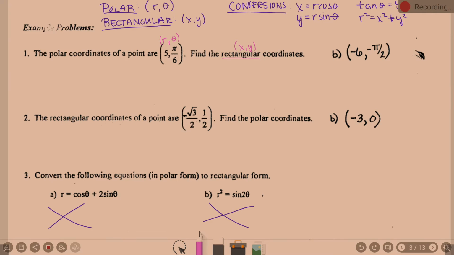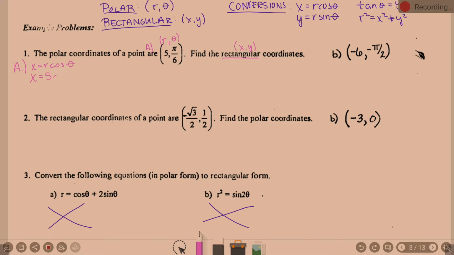I'm being nitpicky here because all of these equations have some combination of x and y. I'm going to call this example A. We start with x equals r cosine theta and plug in the points.